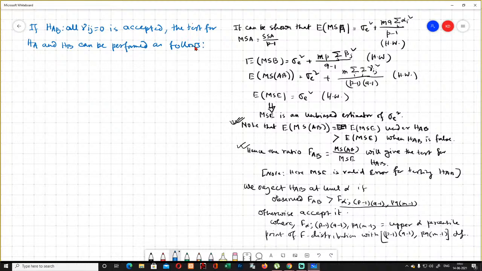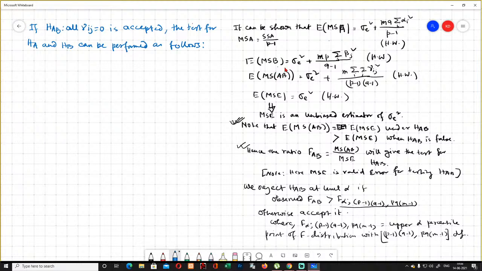We see that since HAB is accepted, that means gamma is equal to 0, and then expectation of MSB and MSA are both greater than or equal to sigma square, which is expectation of MSE. So expectation of MSA is greater than or equal to sigma square, and equality holds under HA. Similarly, equality holds here under HB. Therefore, MSE is a valid error for both these tests.